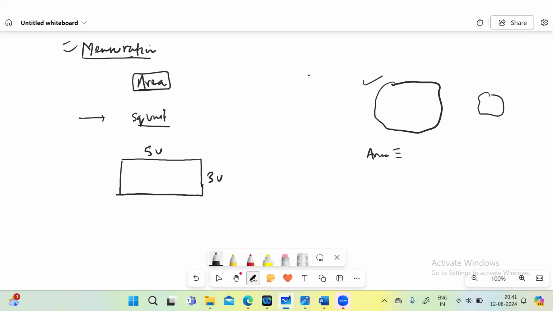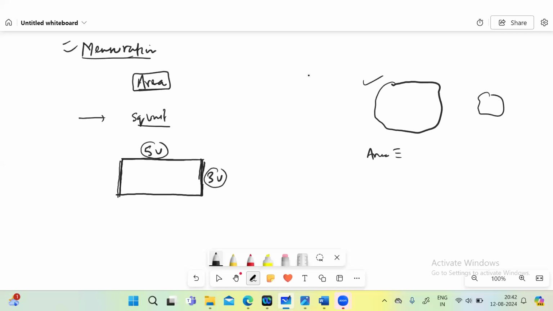In regular practice, this particular side is called length, because anything vertical we call length, but the normal standard definition of length says that whichever is bigger is called length. Whatever definition you follow, let's say that one of the sides has 5 unit of length, and the second side has 3 unit of length.